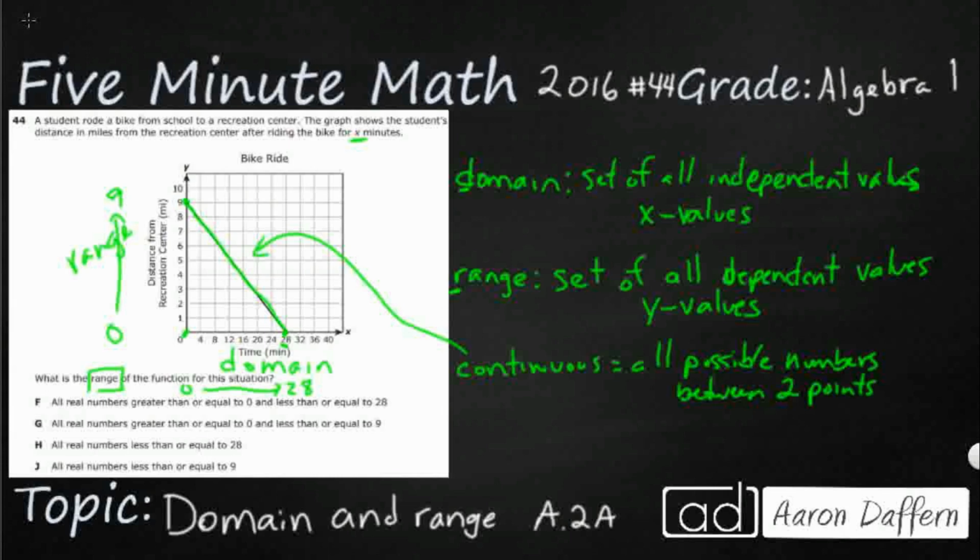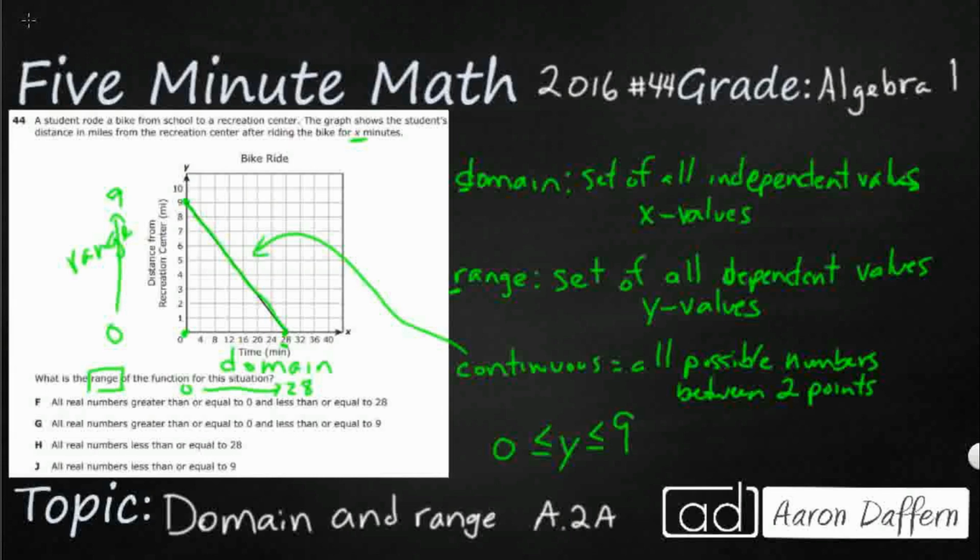So if we wanted to represent it with an inequality, we would say our y is going to be greater than or equal to, what's the bottom bound? 0. And we're going to leave equal because it is a closed circle, and then it's going to be less than or equal to, what's the upper bound? That's going to be 9.